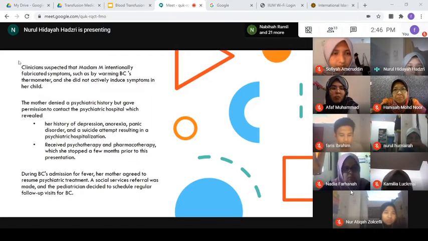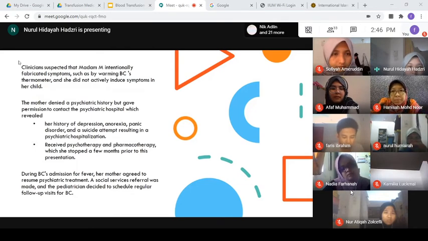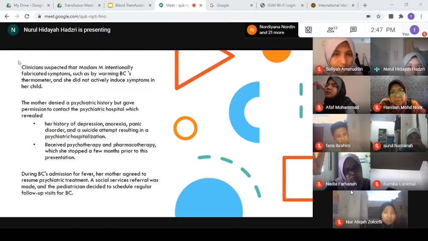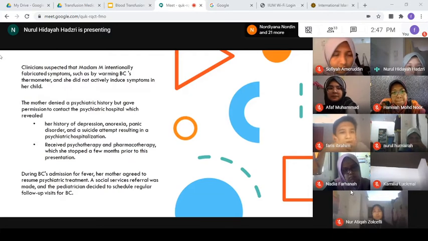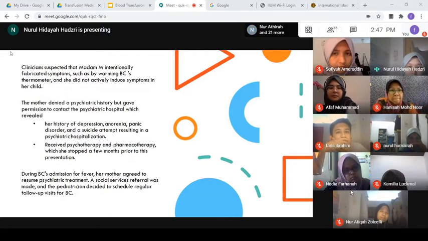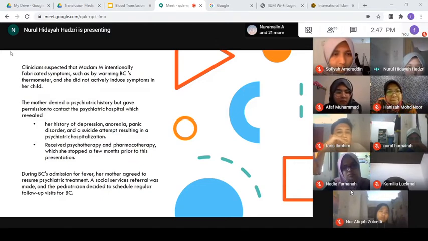The mother denied the action, and she also denied any psychiatric history, but she gave permission to contact the psychiatric hospital. From the communication, the doctor learned that the mother already had a history of depression, anorexia, panic disorder, and a suicide attempt resulting in a psychiatric admission.